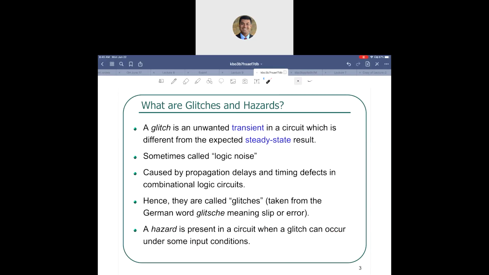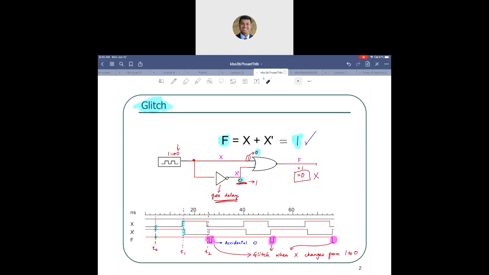And the input condition that we talked about just now was x changes from 1 to 0. So that was the condition in which the glitch could occur. And because a glitch could occur, a hazard is present in this circuit. So you could say that is the glitch, but because we have observed that an accidental 0 is possible here, you could say a hazard is present.